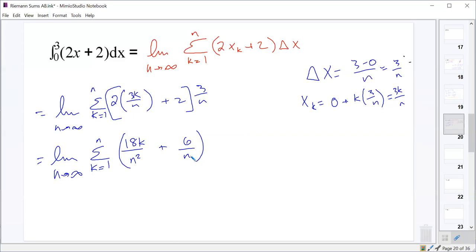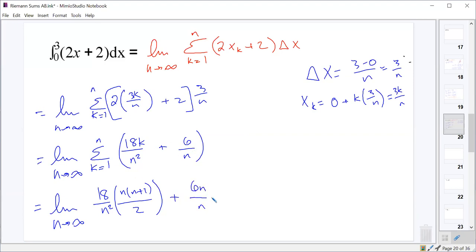Makes sense. Okay. And then now we'll do the summation part. So 18k over n squared, the 18 over n squared is a constant. And the sum of k is n times n plus 1 over 2. And then the 6 over n, if I add together n of those, just becomes 6n over n.